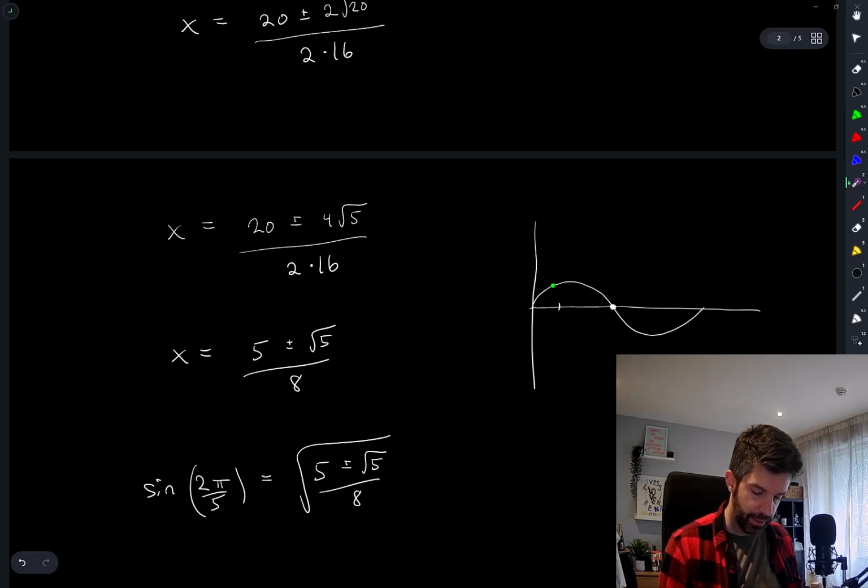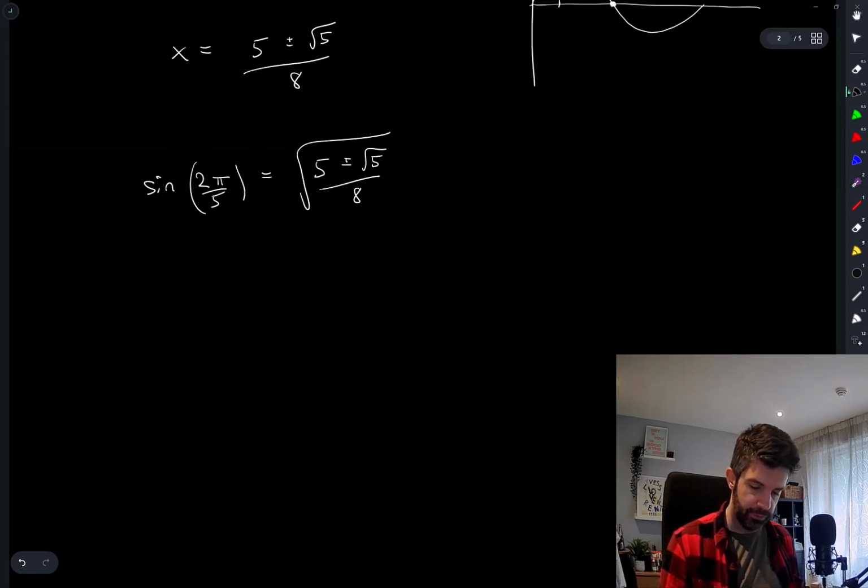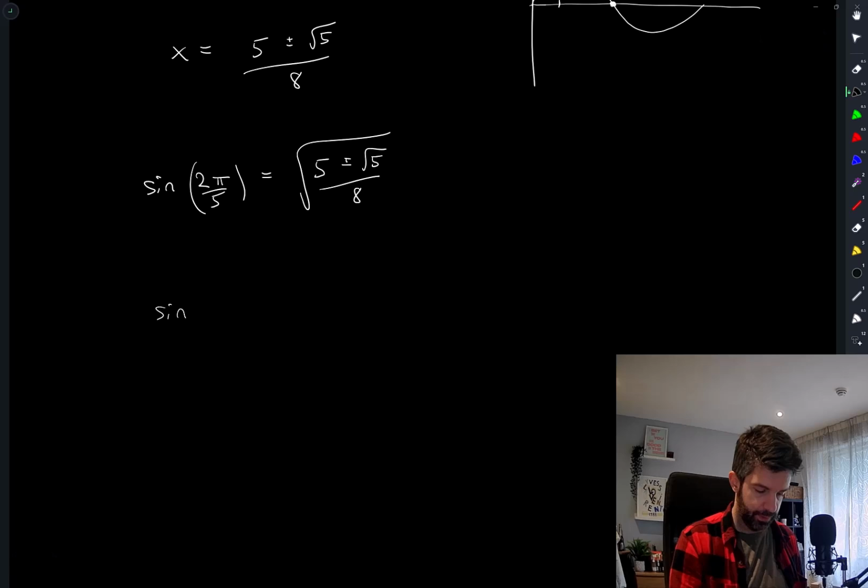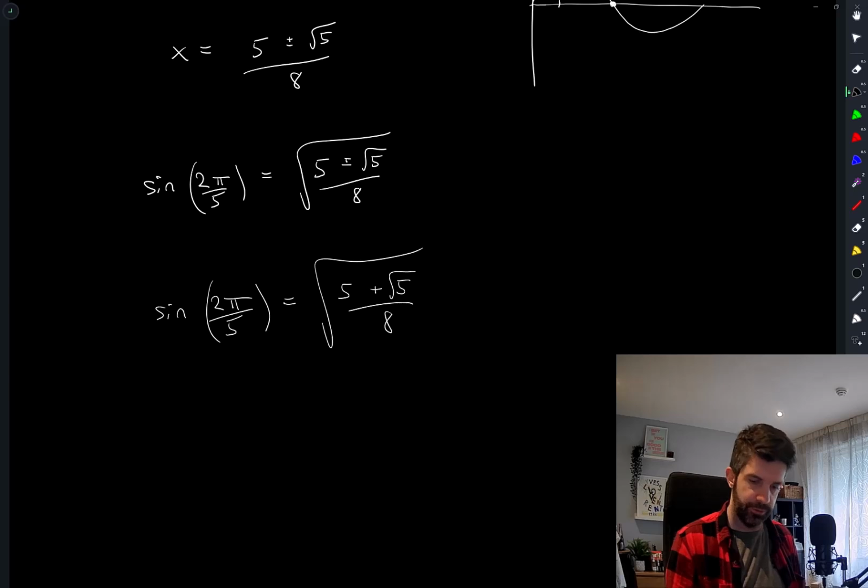And I know that sine of this number should be close to 1 because sine of pi over 2 is 1. So I'm certainly going to say that it's equal to 5 plus root 5 over 8, all under root sine, and that's option A.